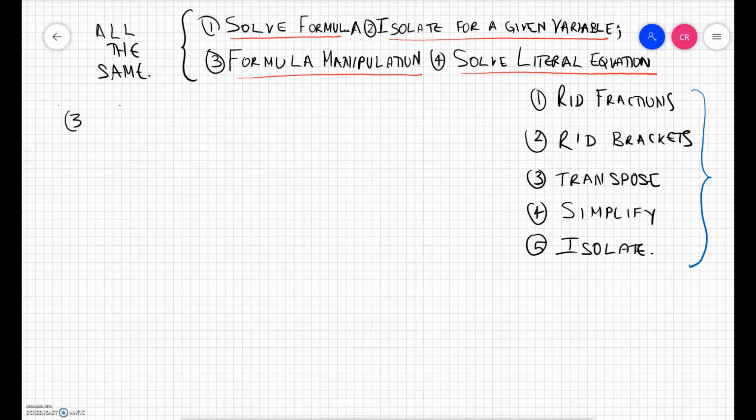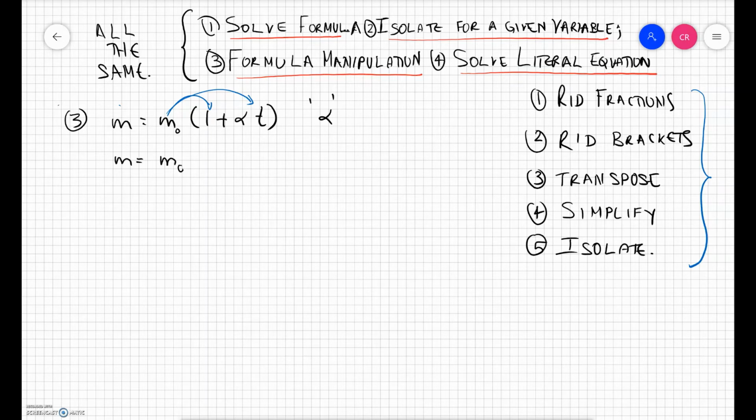Let's look at number 3, which says m equals m subscript 0 into 1 plus alpha t, and we're solving for alpha. Now here we have brackets, so the first thing we have to do is to use the distributive rule to get rid of the brackets. So we distribute the m0, and now we end up with m0 times 1, which is just m0, so we could get rid of the 1.